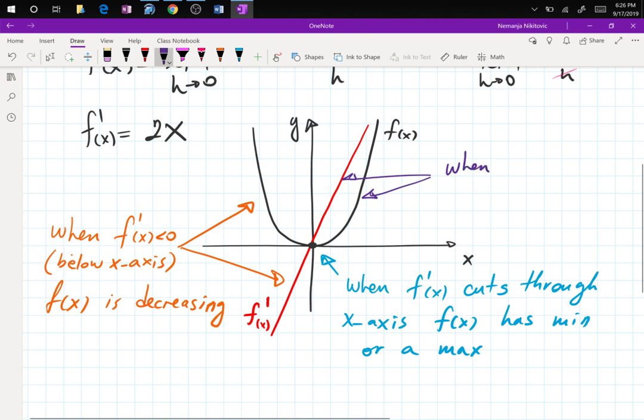So when f prime of x is larger than 0, so above the x-axis, f of x is increasing. So this one picture clears out 3 out of 4 things that we need to know, which is awesome.